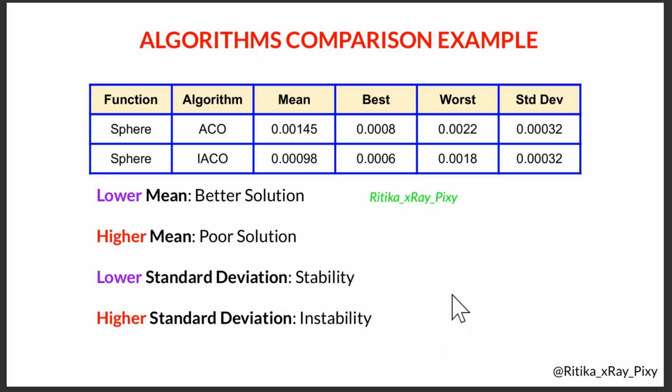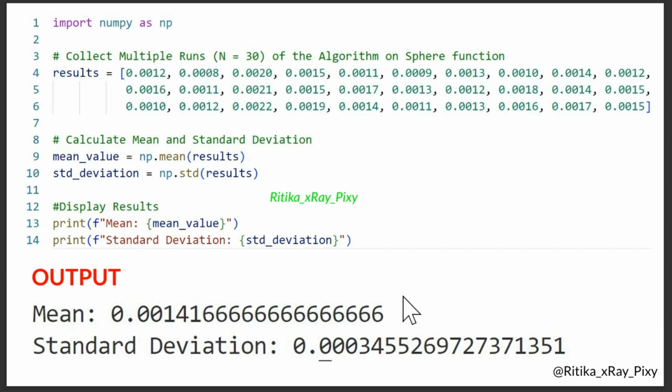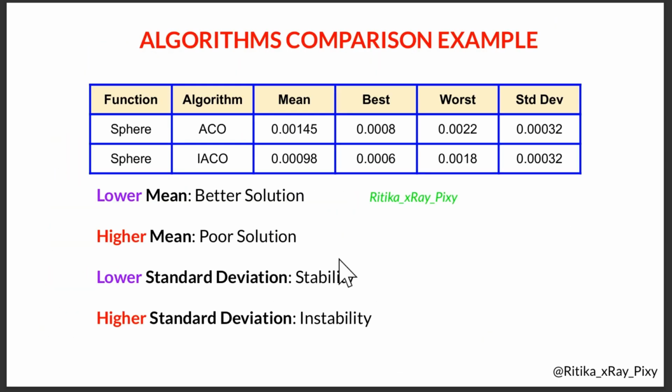So we can calculate mean and standard deviation using Python. Here you can see the result from 30 runs of the algorithm on the specific function. Then we will calculate mean and standard deviation. Why are mean and standard deviation important? Mean shows how well the algorithm performs on average.